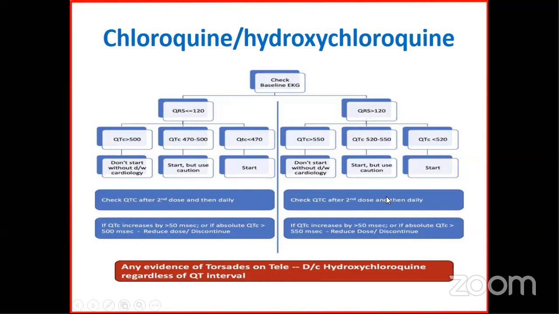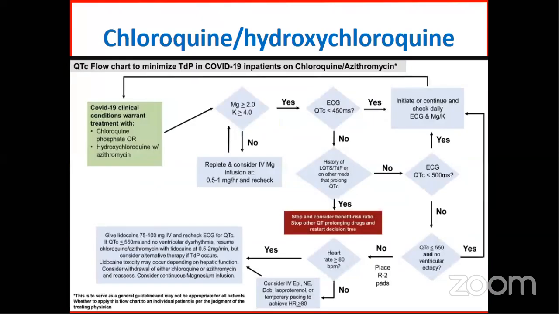Of course, regardless, you have to do a daily ECG, and you will stop immediately if the QTc increases by more than 50 at once. Let's say it was 420 and it's now 480, I will stop. Even with other patients, I would start at 480, but because of this jump, I will stop.